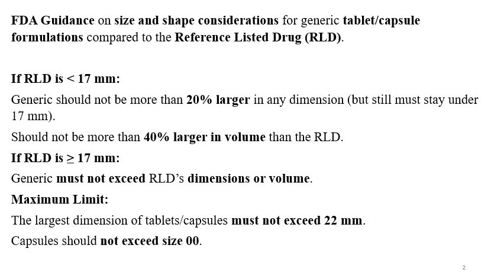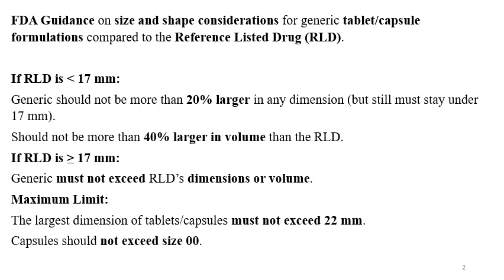If the RLD is 17 mm in the largest dimension, then the generic product should not be more than 20% of the RLD dimension in any dimension, but still must stay under 17 mm.